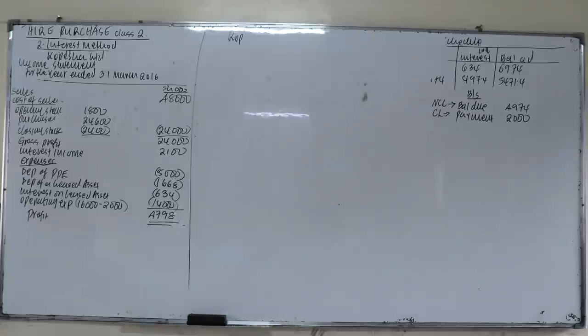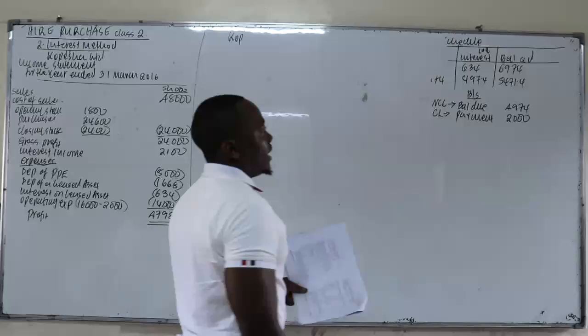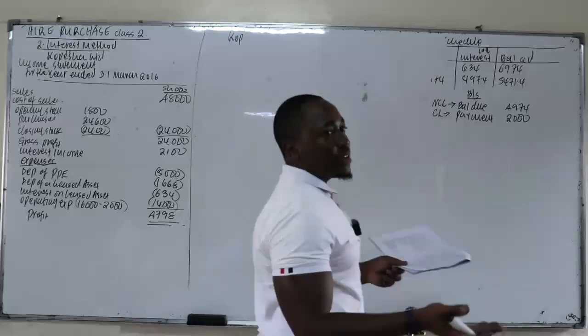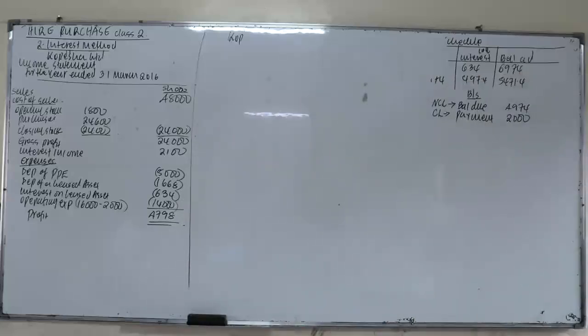Hey, look here, this is an eye job. How much has been indicated as sales in your trial balance? That is what you are asking. How much is your sales in the trial balance? 55,200. Simple as that. 55,200.